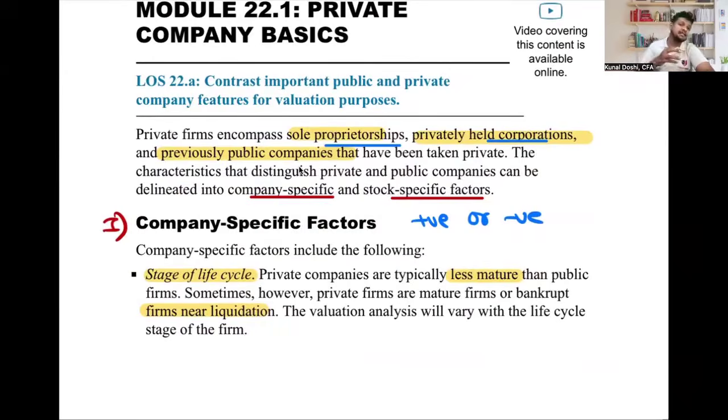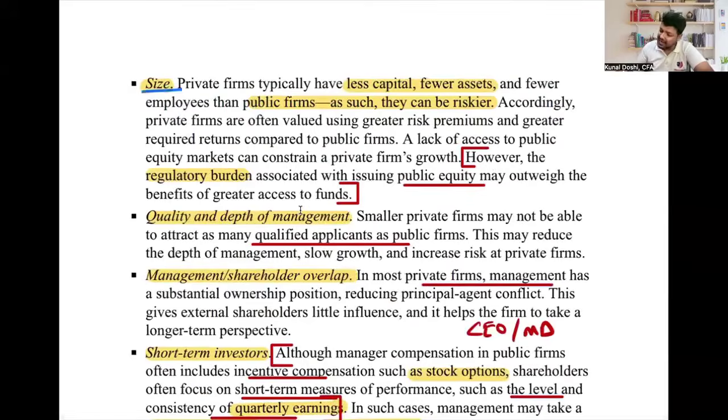These are company specific factors or stock specific factors. Company specific factors can be positive or negative. These are different stages of life cycle. Most of these private companies are less mature, their size is relatively smaller, the quality and depth of management is not as high, and management and shareholding overlap, CEO and MD being the same, right?